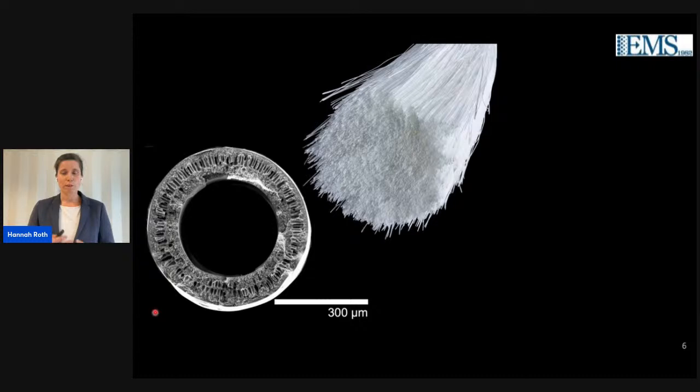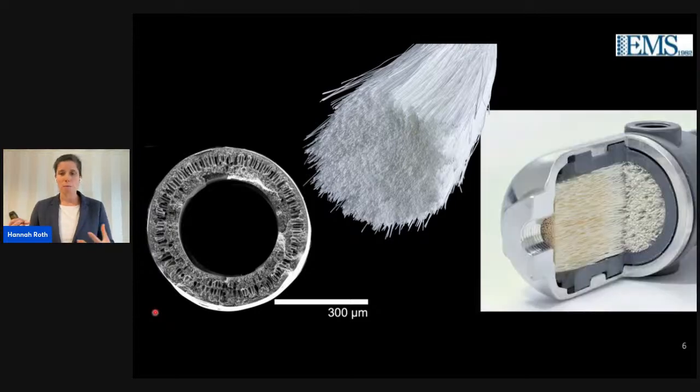These are then, of course, made in large quantities, meters and meters of hollow fiber membranes, which together in a bundle, potted into a hollow fiber module, actually make the separation happen, where the feed can enter from one side, for example, to the inside of the hollow fiber, and through the semi-permeable selective layer and porous support structure, certain components can permeate through and the separation is carried out.